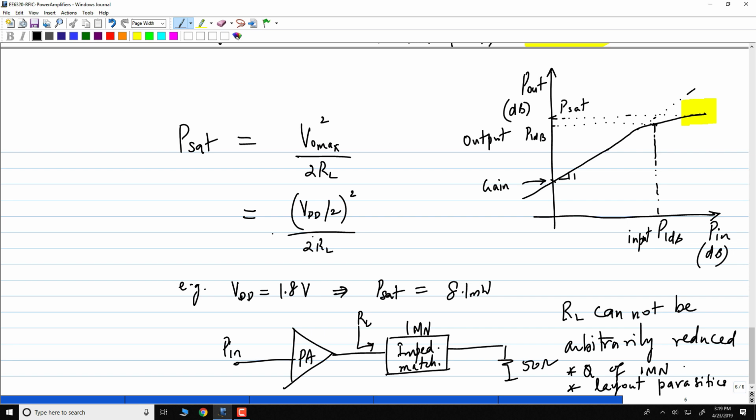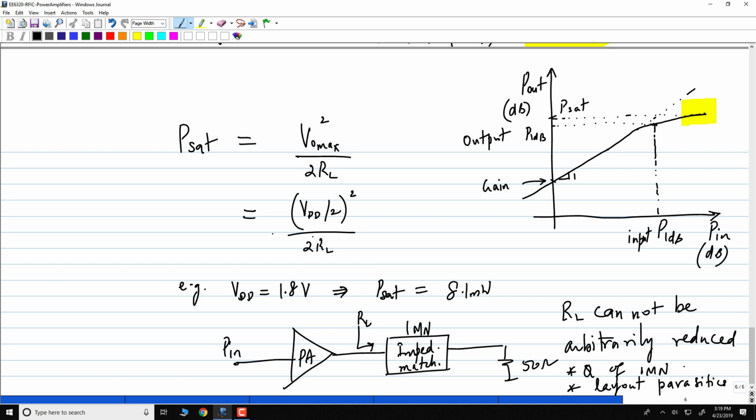If we are arbitrarily decreasing RL, we might even increase the area of the matching network. Of course, that is definitely a concern. Correct. So the area and the value of the components are all concerns. But I can do this, so I can do even better. Clearly, that is a practical limitation.